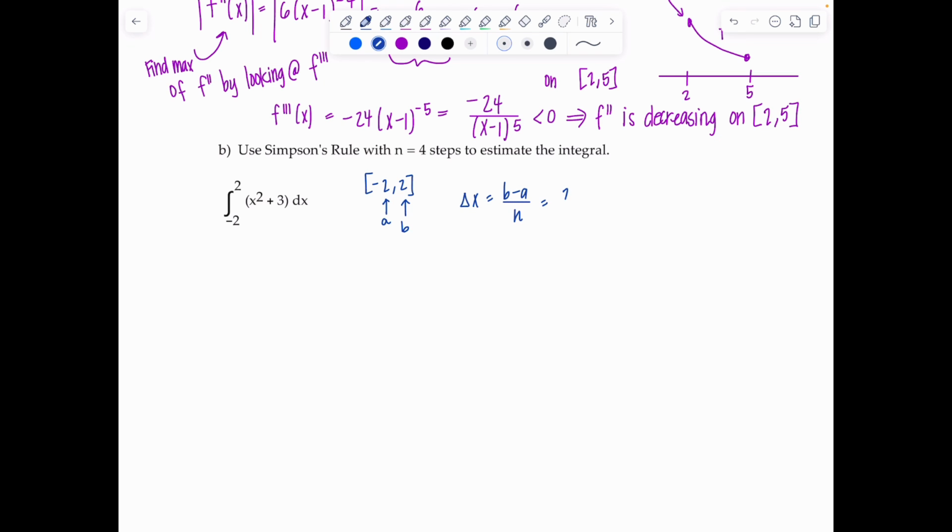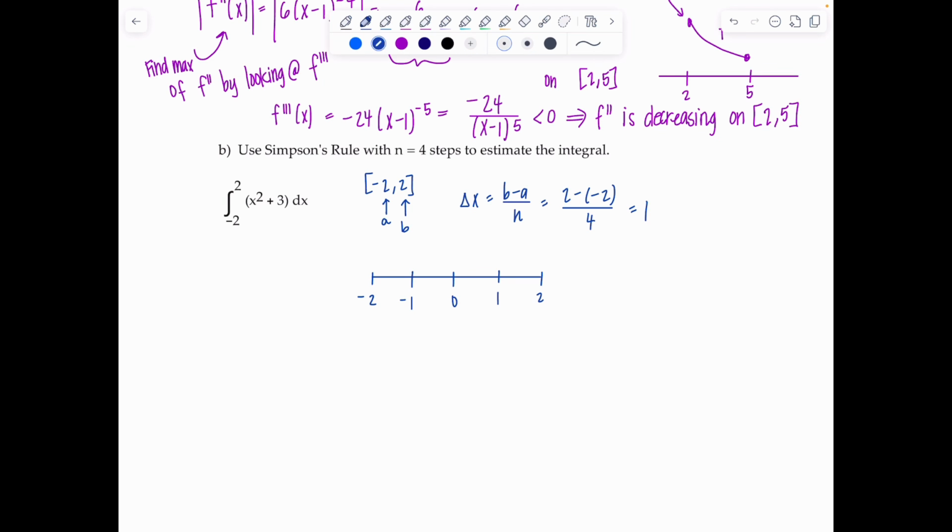Look how nice I was. 2 minus negative 2 over 4, no fractions. Then I like to draw out and partition the interval before I set everything up. So we're going from negative 2 to 2, 4 subintervals, pretty easy, right? Those are all my x values at which I'm going to evaluate the function for Simpson's rule.